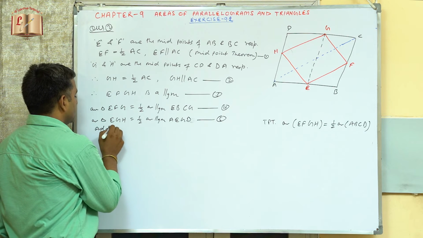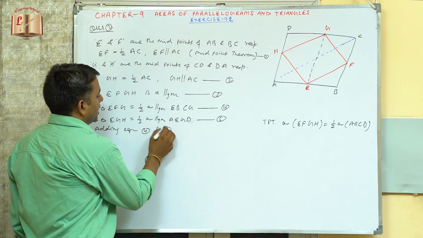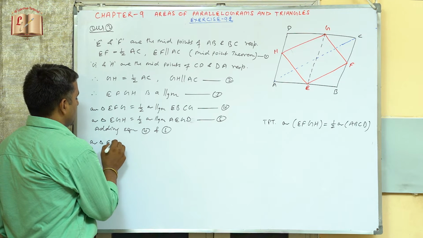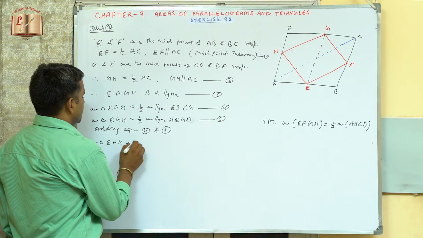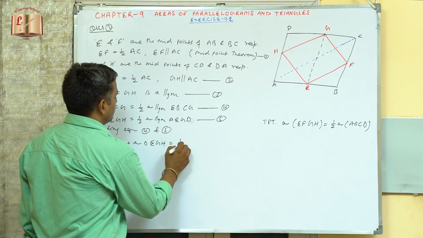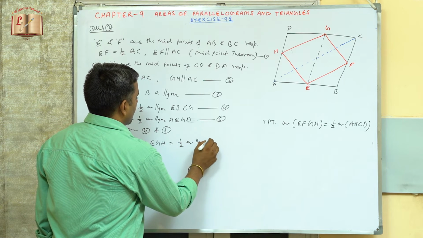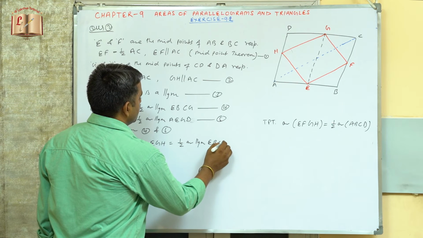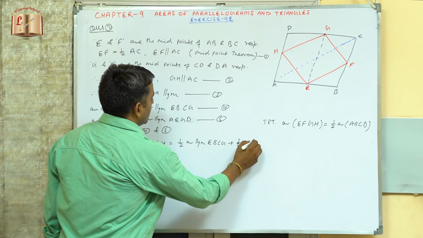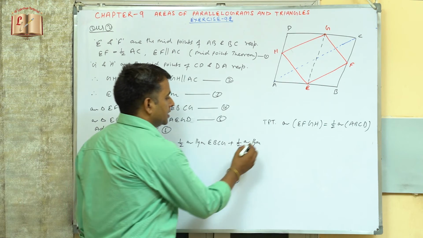Now adding equations 4 and 5, we get area of triangle EFG plus area of triangle EGH will be equal to half of area of parallelogram EBCG plus half area of parallelogram AEGD.